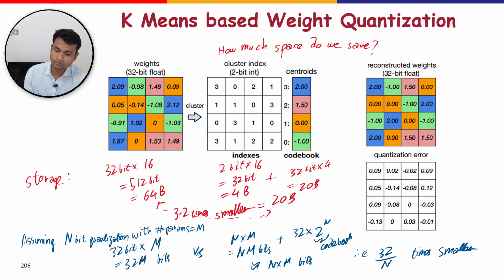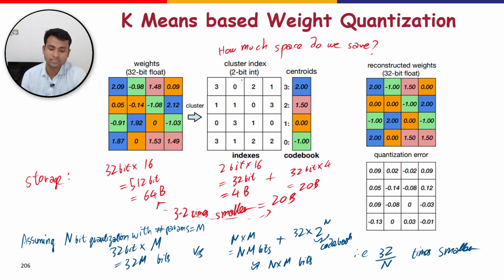But now assume an n-bit quantization with the number of parameters as m. So originally when the 32-bit number is there, the total bits it takes is 32 bits into the number of parameters, which is 32m. Versus when you have done n-bit quantization, we're just generalizing from 2-bit to, let's say, n-bit, because in 2-bit quantization you can just have 4 representations.